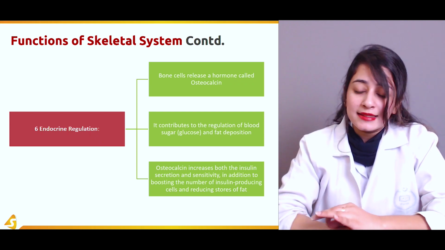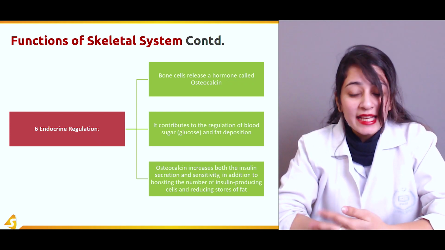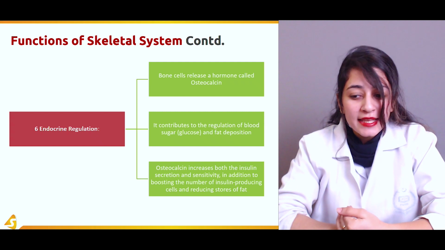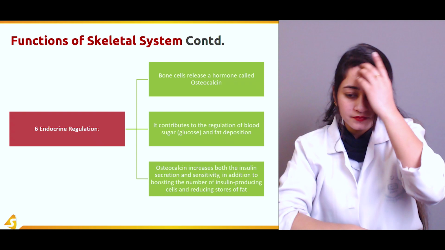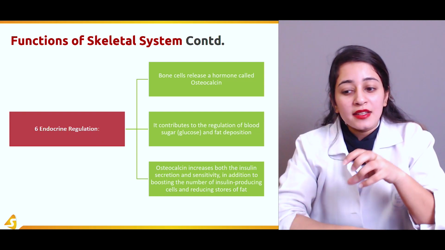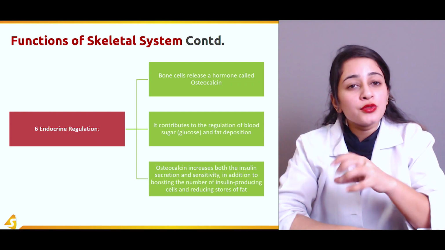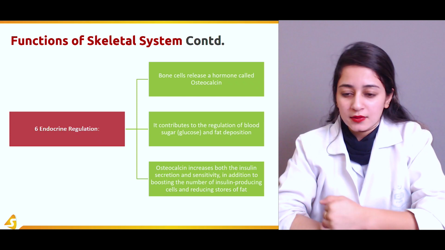Osteocalcin increases both insulin secretion and sensitivity, in addition to boosting the number of insulin producing cells and reducing stores of fat. Insulin producing cells are boosted, and it also reduces the stores of fat that are present inside your body.